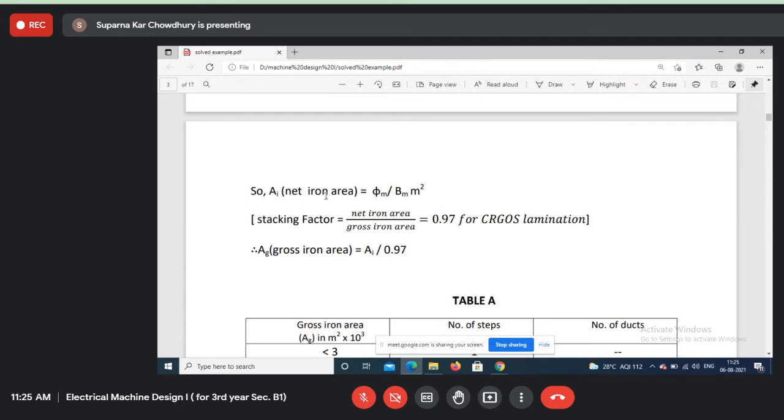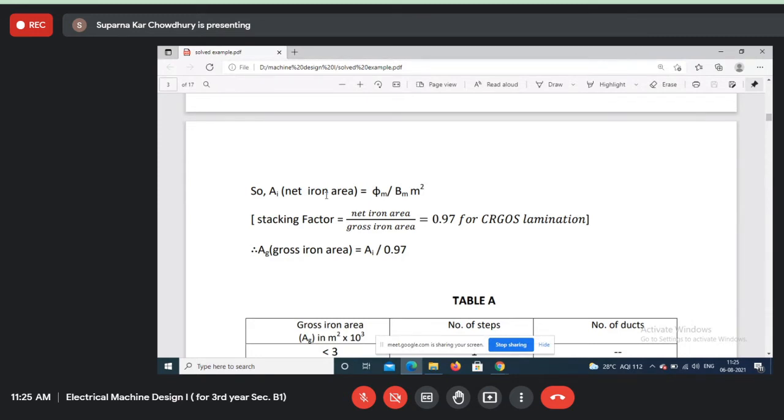Now the core is laminated, and every lamination has a thin layer of insulation on both sides, however thin it might be. So it has a stacking factor, because this insulation will take some space. Stacking factor is defined as net iron area divided by the gross iron area.